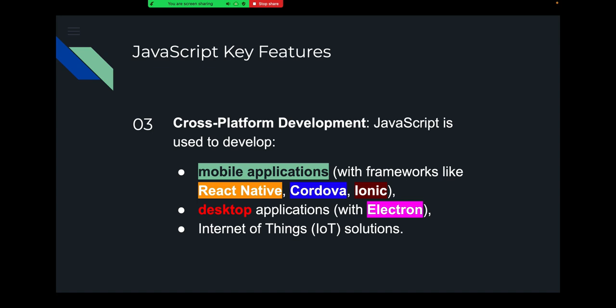That same application can run on desktop, on a mobile, and also Internet of Things. You must have been hearing IoT, Internet of Things. You can use JavaScript to develop applications for Internet of Things.